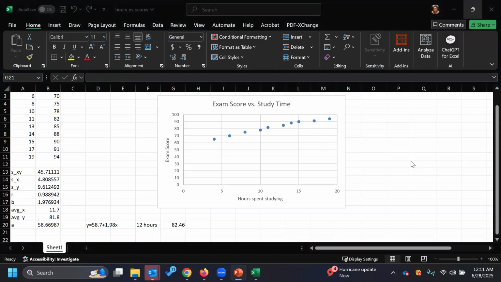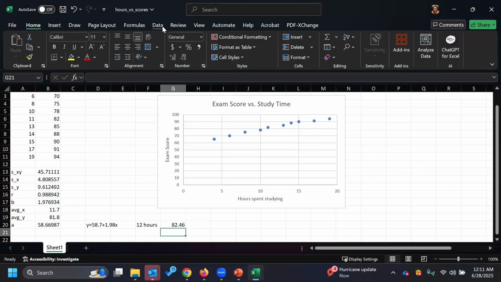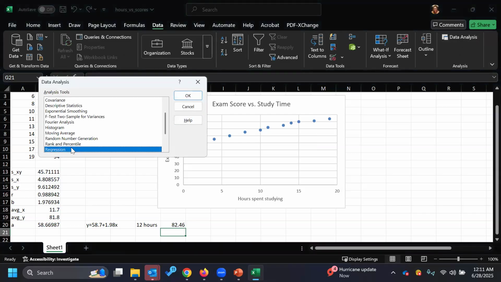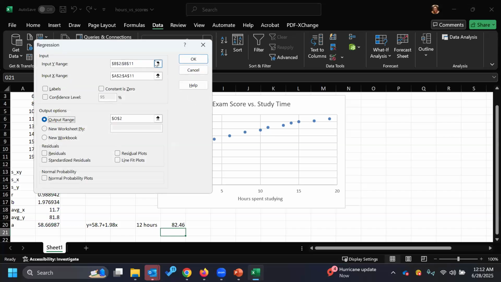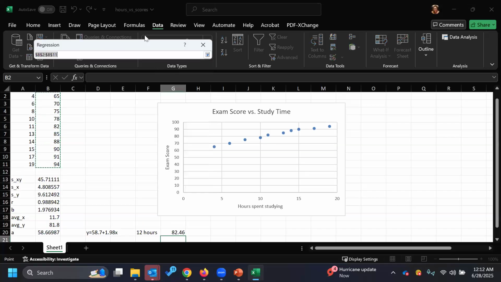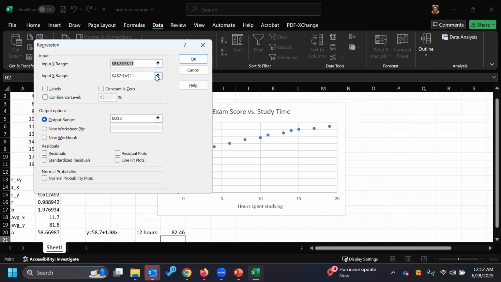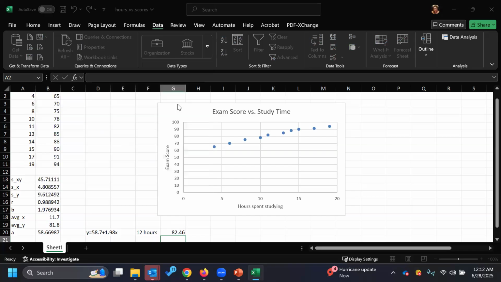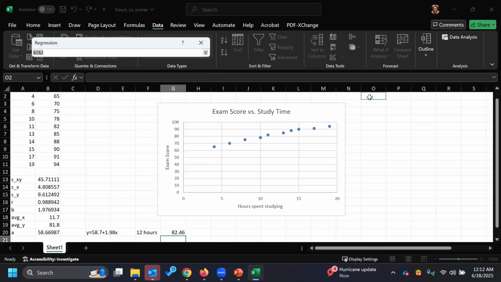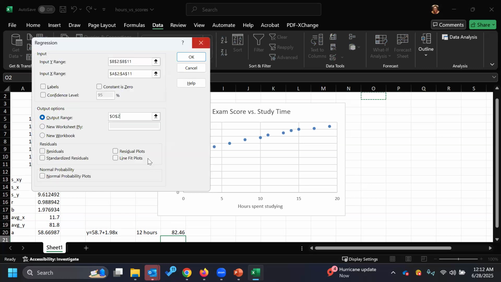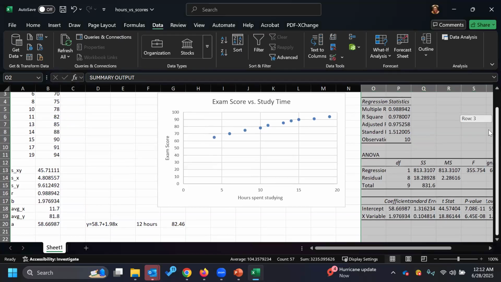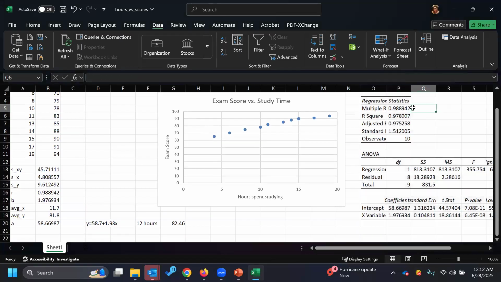There is another way to do it. We can go up here to Data, Data Analysis, find the regression, plug in our y input range, plug in the x input range, plug in the output range, and we see our R, 0.988, that matches the R we found.